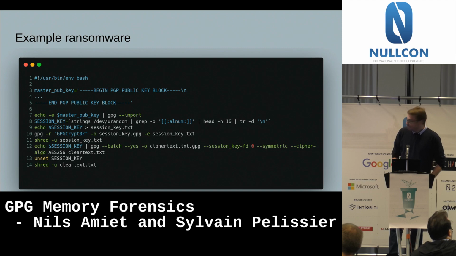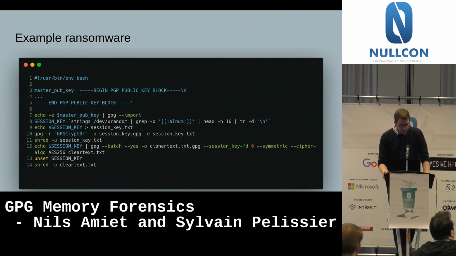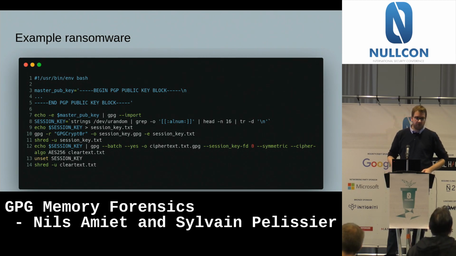So here it's a very short example of how this could be implemented in a few lines of bash, basically. What you see is on lines 3 to 5, we just have a hard-coded master public key. And then on line 7, we import that key.